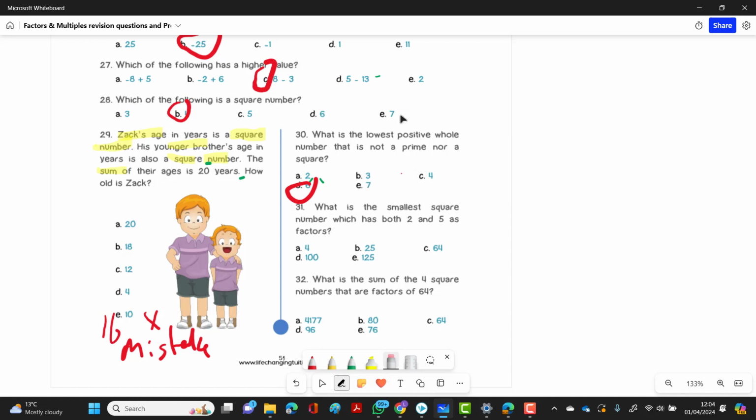What smaller square number has both 2 and 5 as factors? So you've got to write the square numbers. So 1, 4, 9, 16, 25, 36.